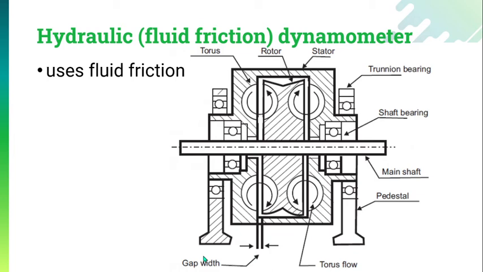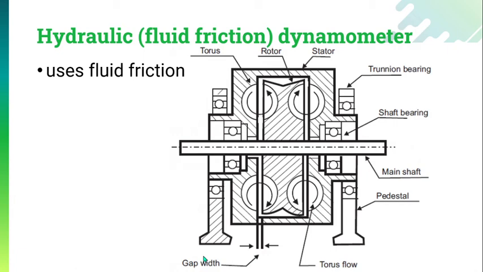The dynamometers we have seen previously, first the Prony brake dynamometer, second the rope brake dynamometer, both use dry friction for the braking mechanism. But in this case, we are going to use fluid friction for the braking mechanism. This is the difference between the previous two dynamometers and this particular dynamometer.